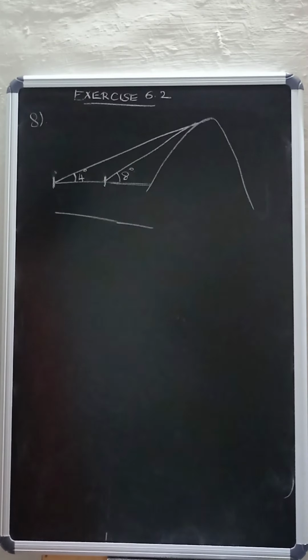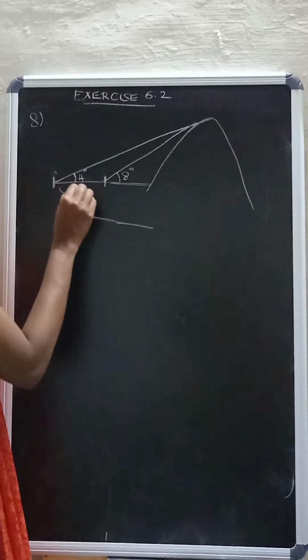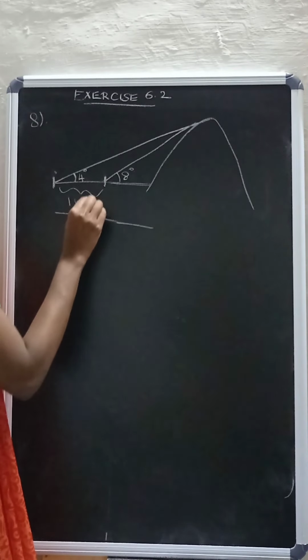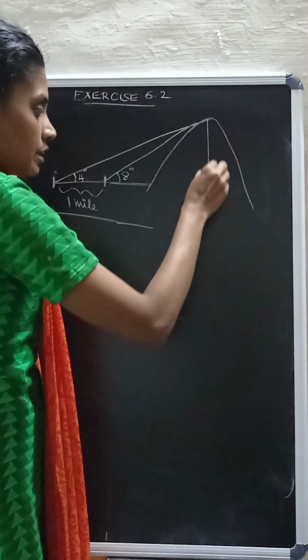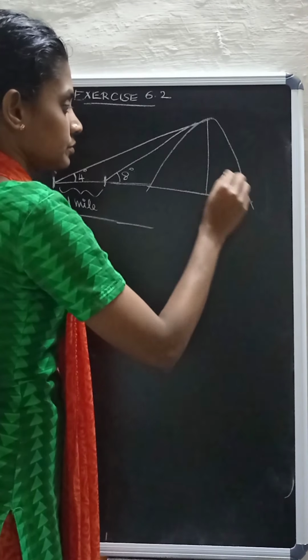What is the height of the peak if the distance between two consecutive milestones is 1 mile? So this is 1 mile. What is the height of the peak?